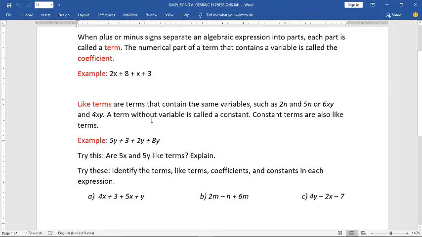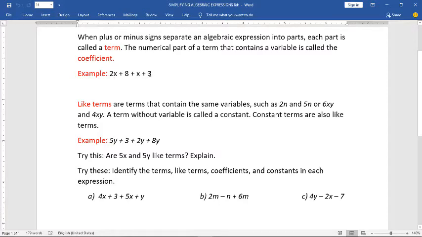A term without a variable is called a constant. I didn't put the word constant in the list, but it is a new vocabulary to learn too. A constant is also a term. This is a constant term without any variable. It doesn't contain a variable.